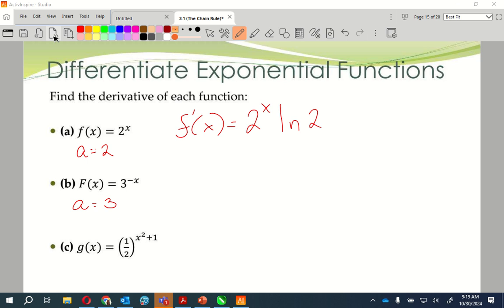What rule do I also have here? I'm going to have to u sub this. So we're going to say that u is equal to negative x. u prime is equal to negative 1.